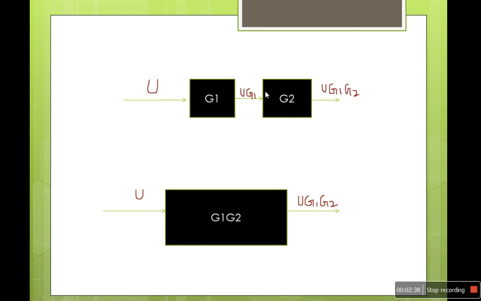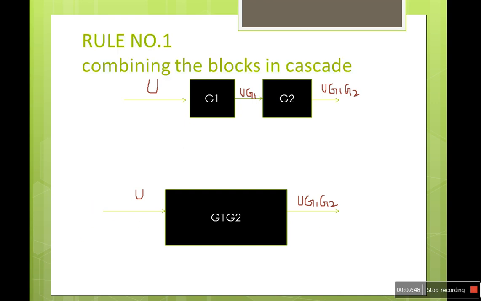This system has two blocks, so it is somewhat complex compared to this one. This is the first rule of block diagram reduction: whenever you have two blocks connected in cascade, they can be represented as a single block, but its gain is the multiplication of the individual gains.